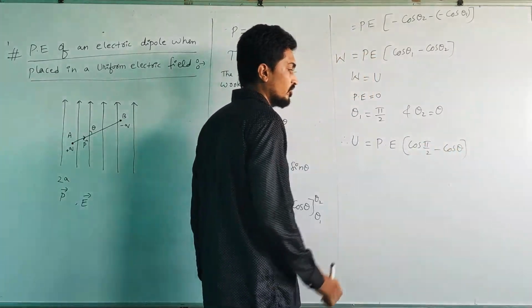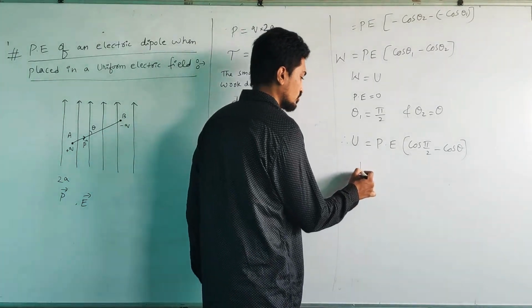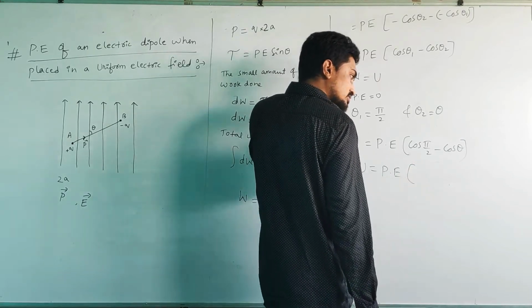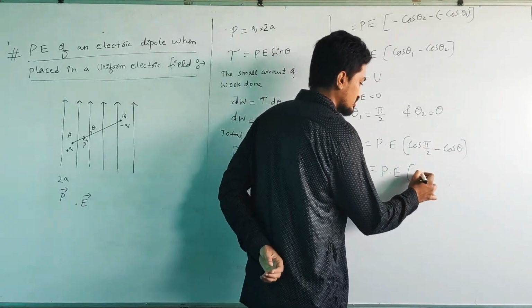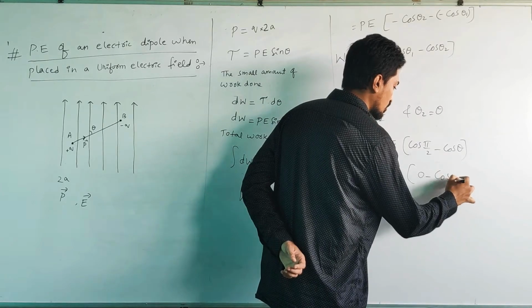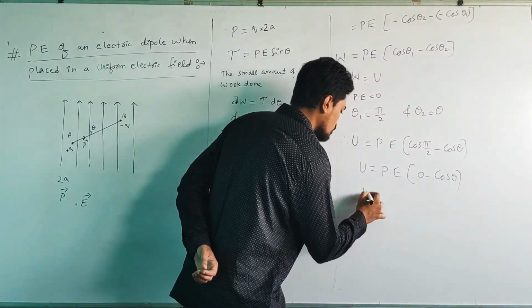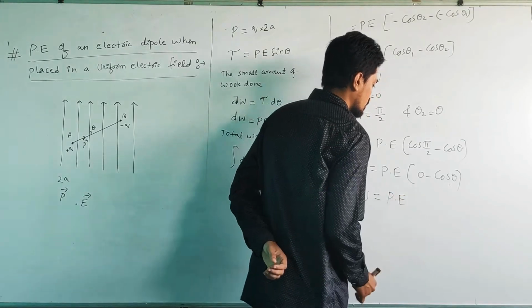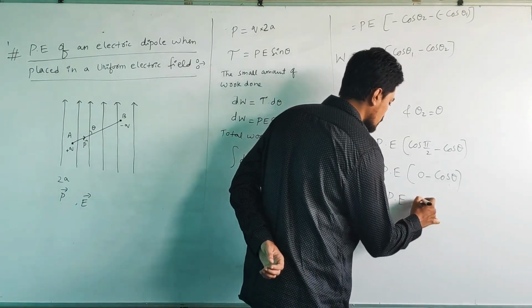What is the value of cos pi by 2? It is 0. So U is equal to P E into cos 90, which is 0, minus cos theta. So U is equal to minus P E cos theta.